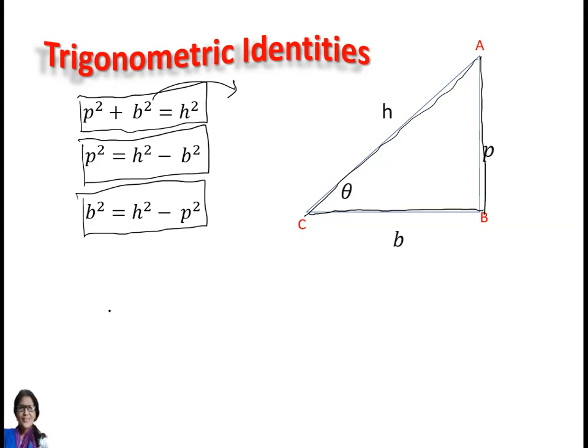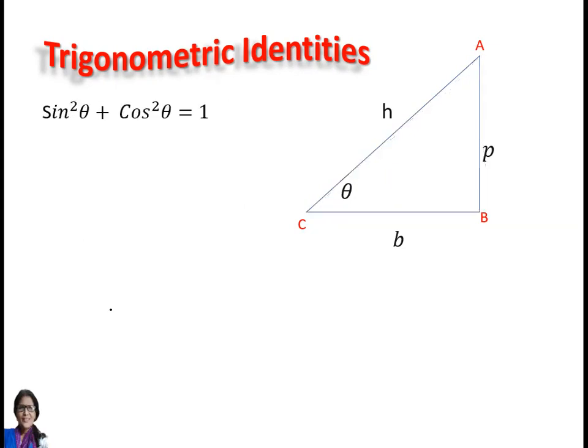Next, we'll go for identities. The first identity is sin square theta plus cos square theta is 1. For an identity, sin square theta plus cos square theta is called the left hand side, and 1 is called the right hand side.